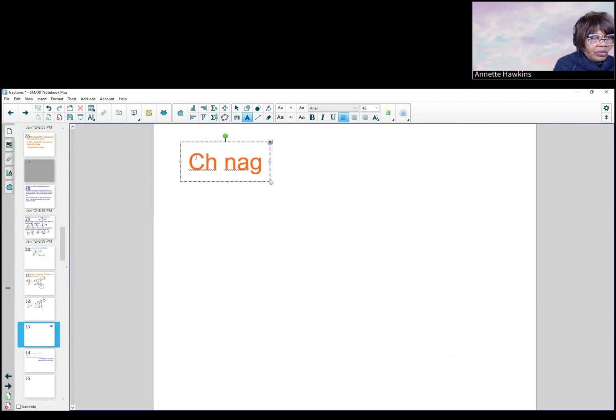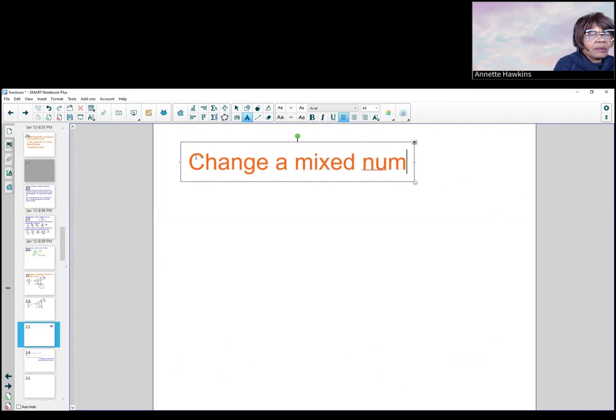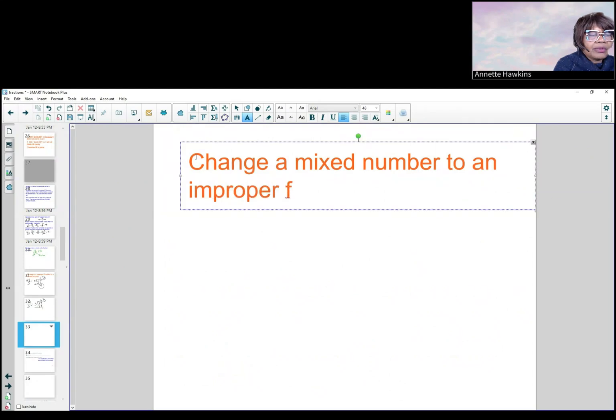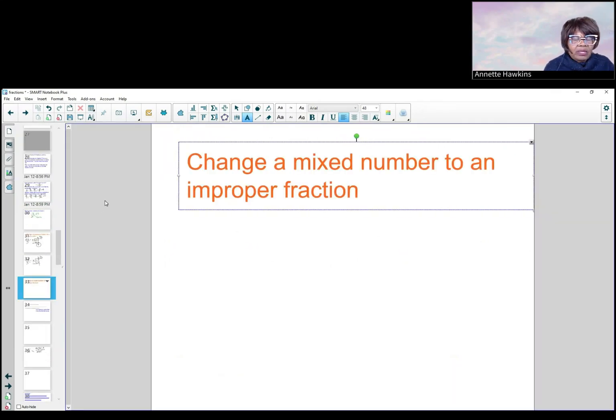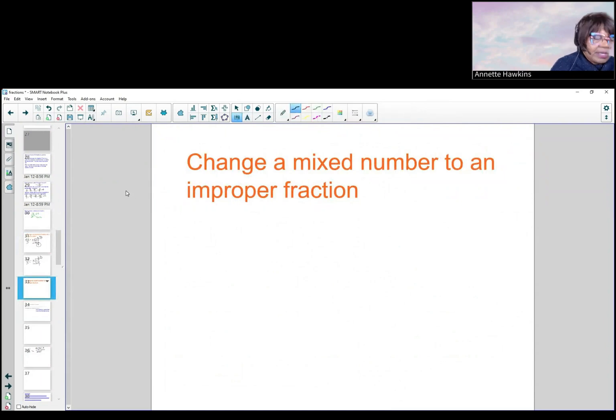So we want to change a mixed number to an improper fraction. And so let's just use the numbers that we got and see if we get what we started with.